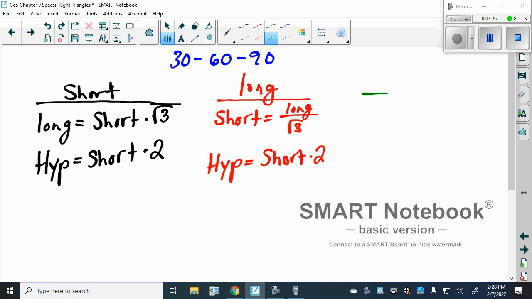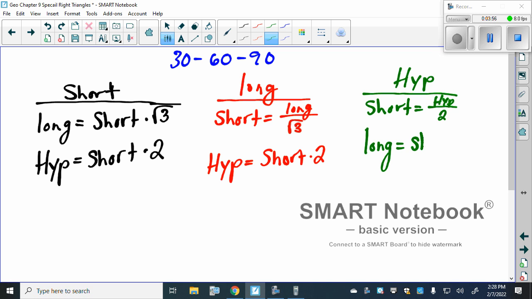And the last setup that we had is that they gave us the hypotenuse. And if we're given the hypotenuse, the first thing we need to find is the short side length. And to find that, we take the hypotenuse and divide it by 2. And once we have the short side, to find the long side length, we take the short side length's measure and multiply it by the square root of 3.